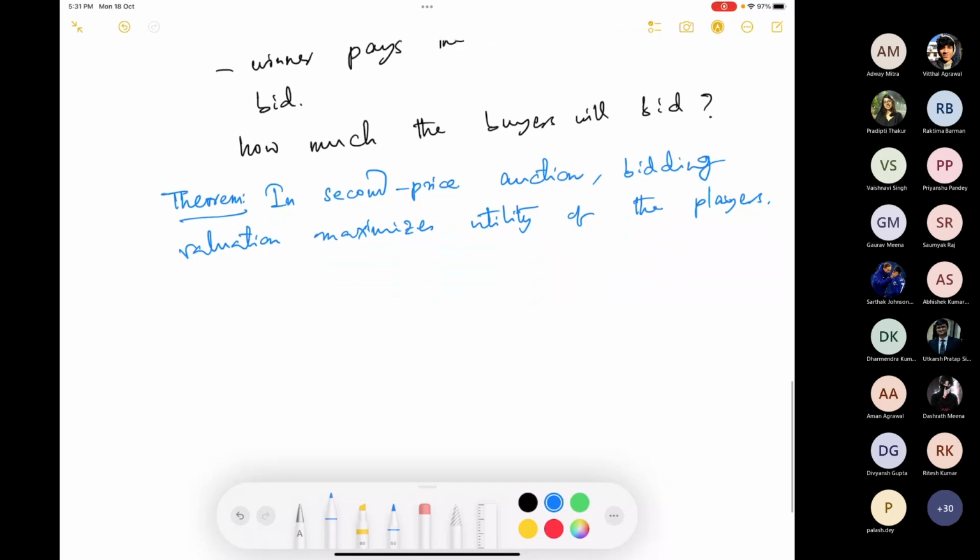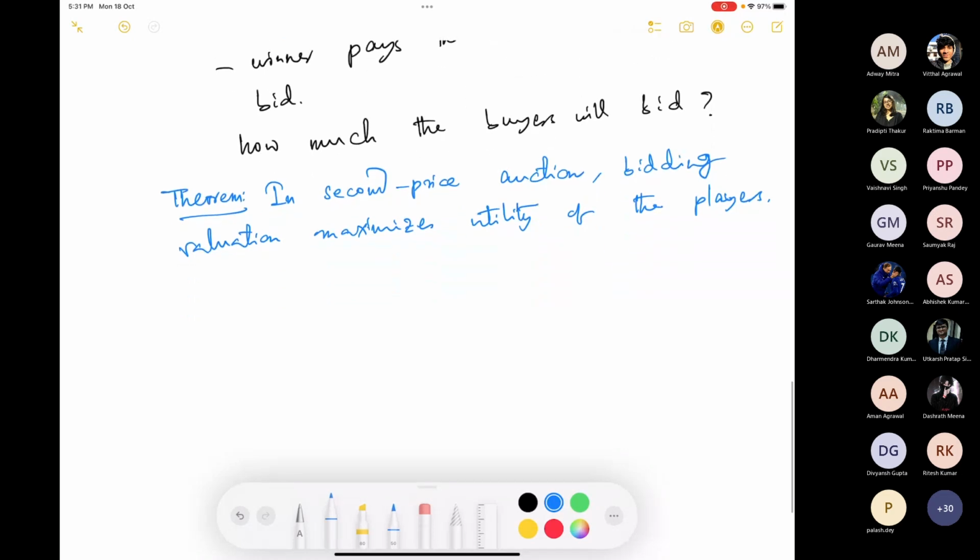So such a strategy is called a dominant strategy.